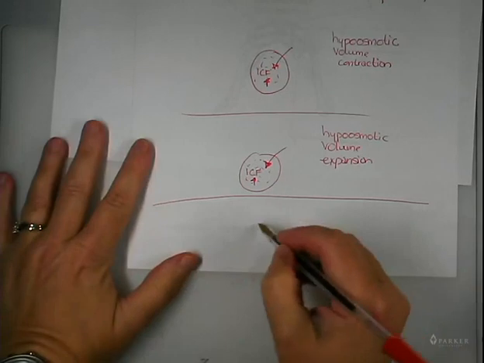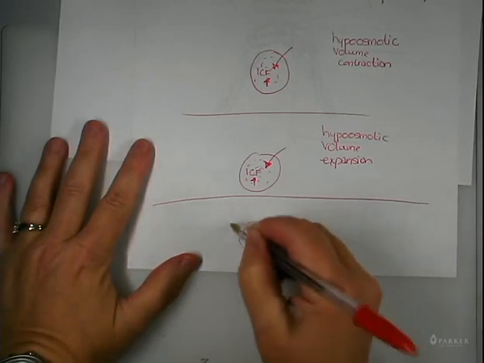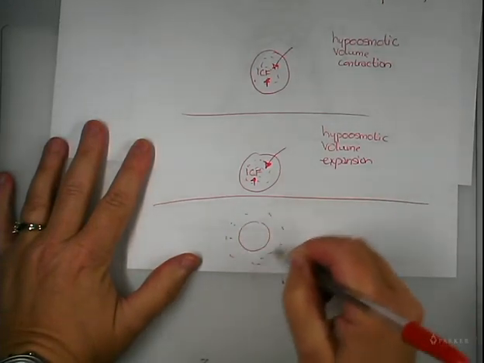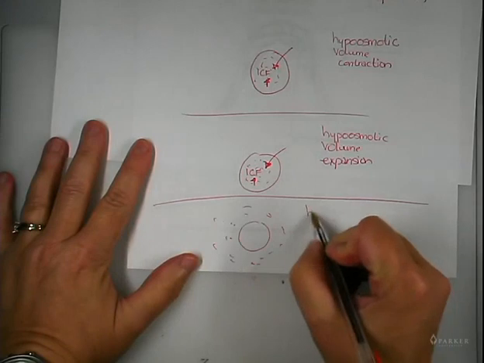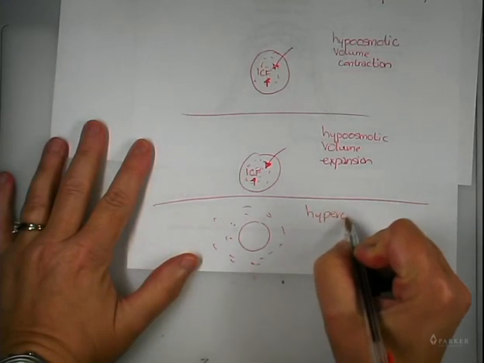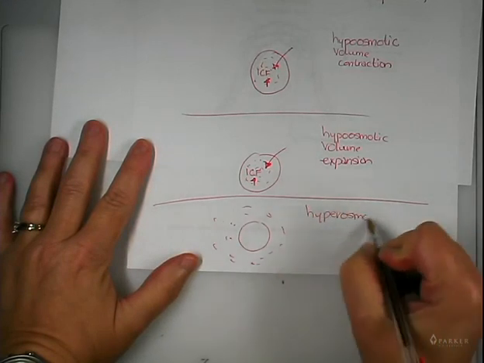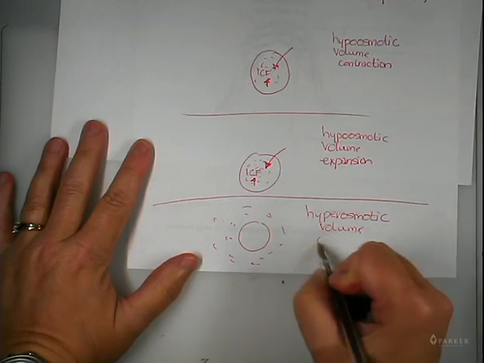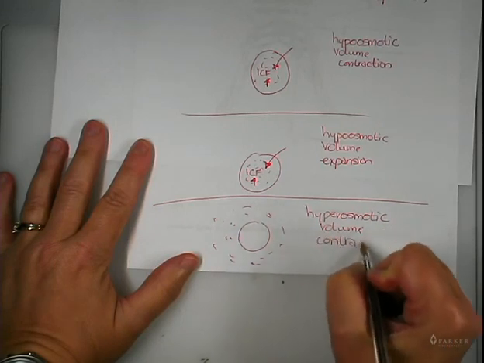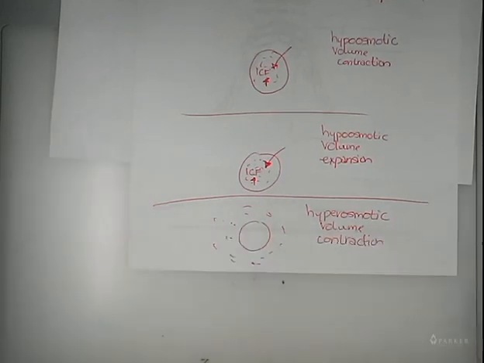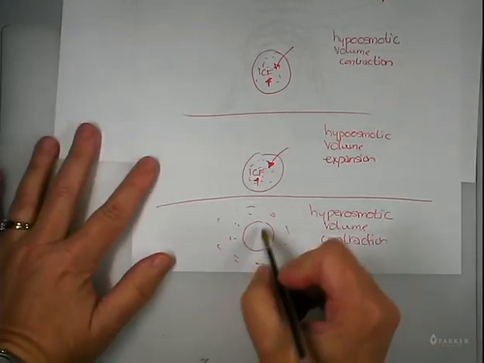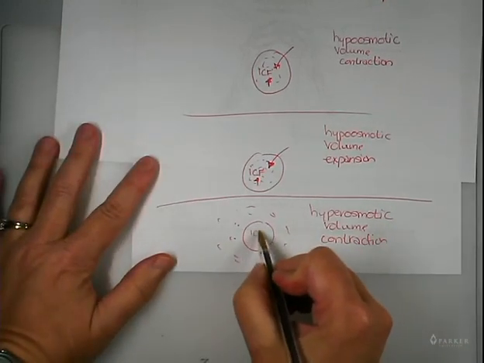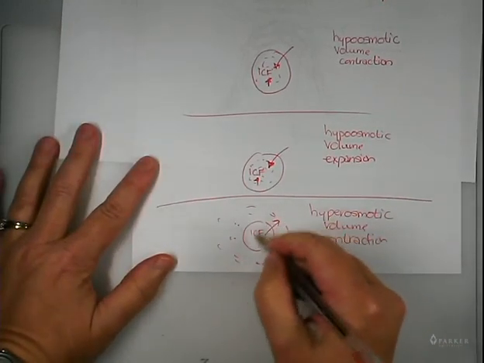So the outside of the cell gets more concentrated because you're leaving the electrolytes there. So this is hyperosmotic. And why is it volume contraction? Because you lost the fluid because you're sweating. What happened to the volume in the ICF? It decreased.